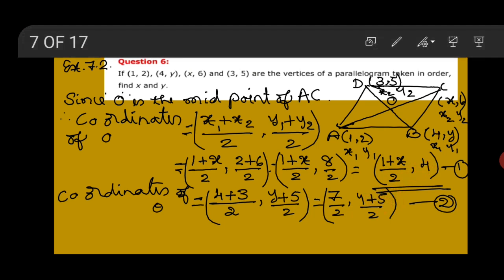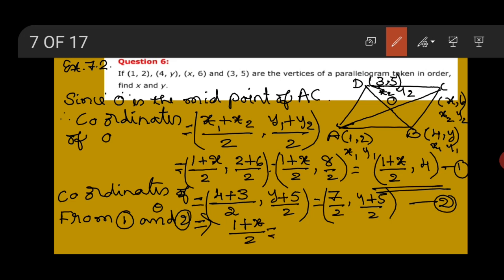Write down from equation number 1 and 2. What do you conclude? We can say (1 plus x) divided by 2 is equal to 7 by 2, since x coordinates should be equal and their y coordinates also equal. (y plus 5) divided by 2 is equal to 4.